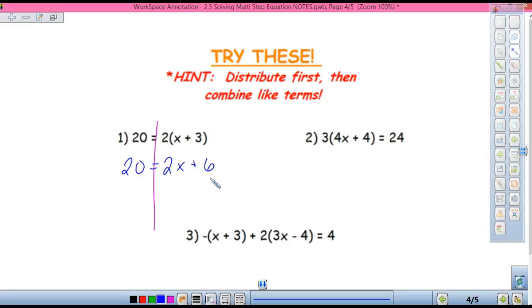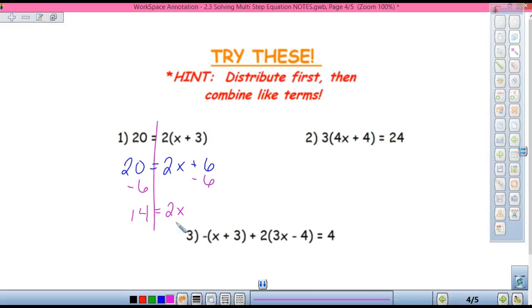So you got for your first step? 20 equals 2x plus x. Alright, so we're on the right track. Do the next step if you haven't done it yet. Fourteen equals 2x.